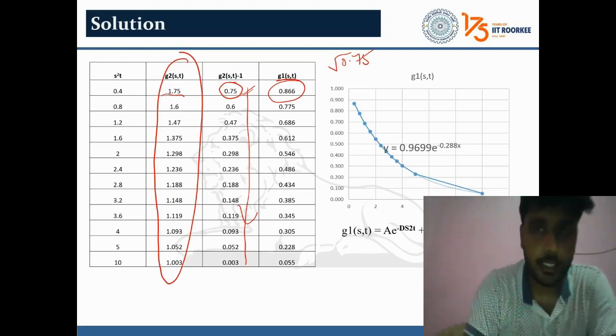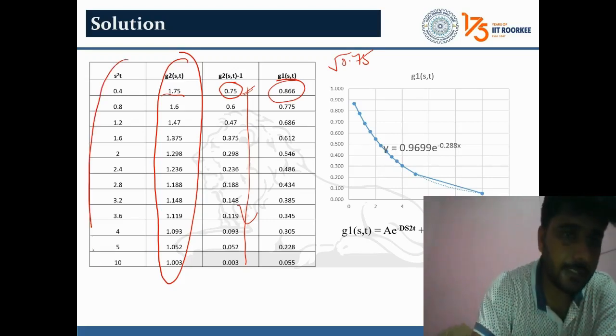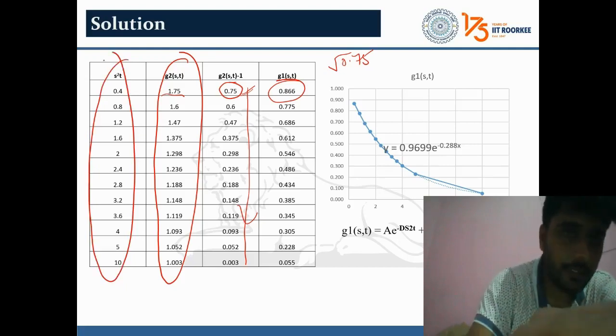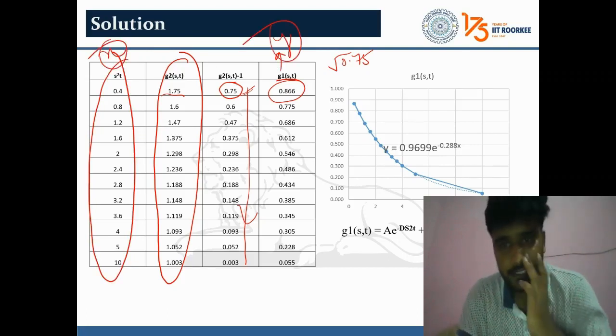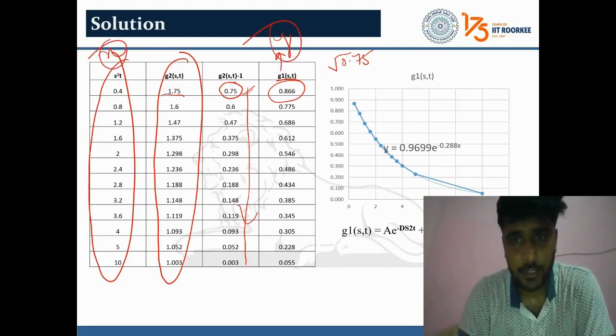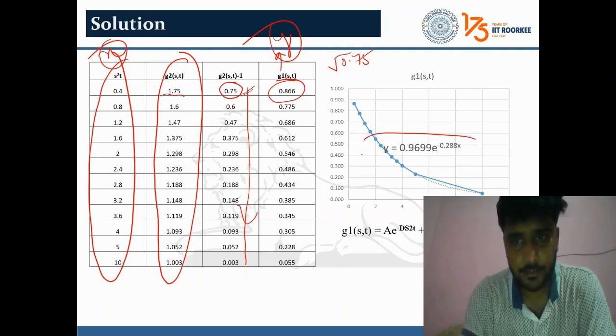So s squared t, if I take this as x axis and I take this as y axis, I can easily draw a curve using Excel. So I will get something like this.